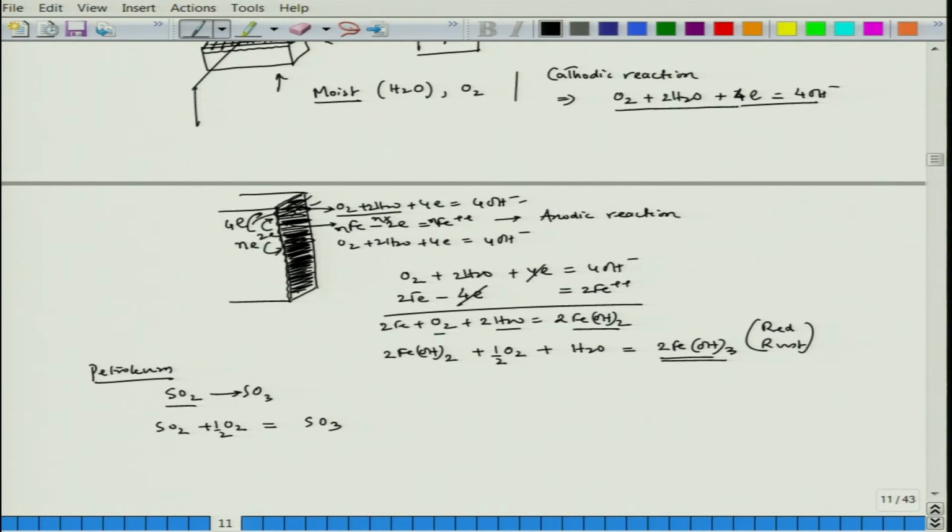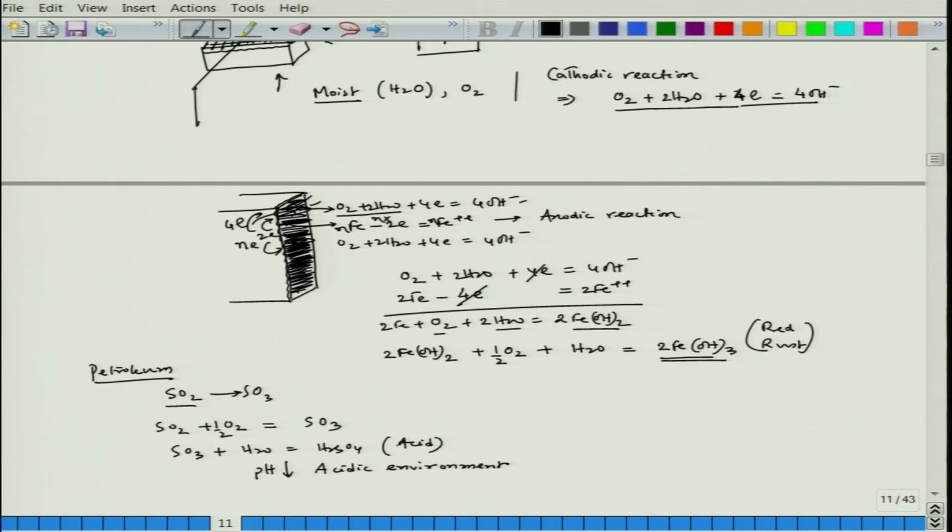This SO3 can react with H2O to form H2SO4, and this is now a strong acid. So, the pH would decrease, so it will make an acidic environment.